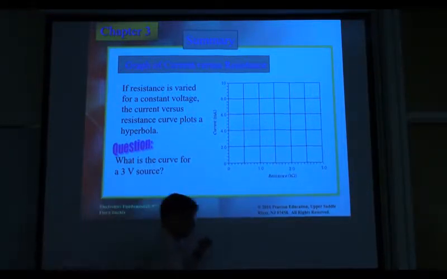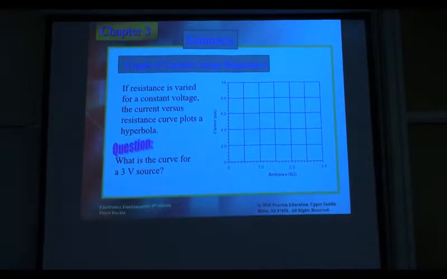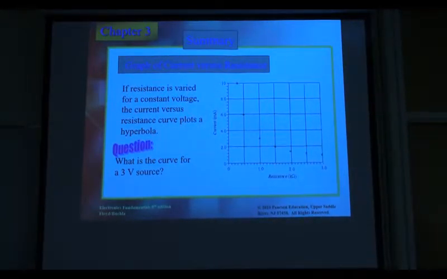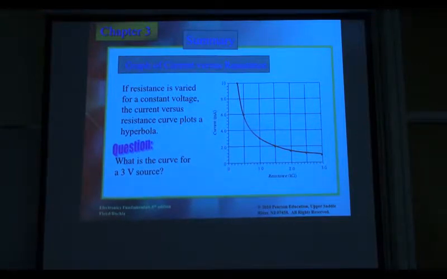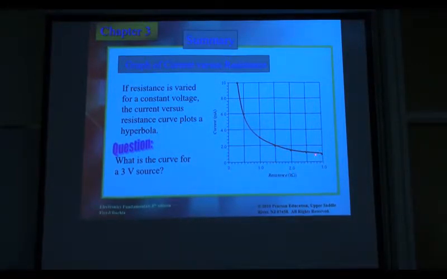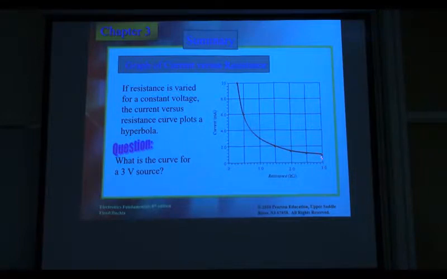So let's see the points. The first time we do this, the resistance equals 3, then you can see the current will be equal to 1 because they multiply together to equal 3. So that's the first point. Next point is this one equals 2.5, then this one will equal 1.2. So that is this point.